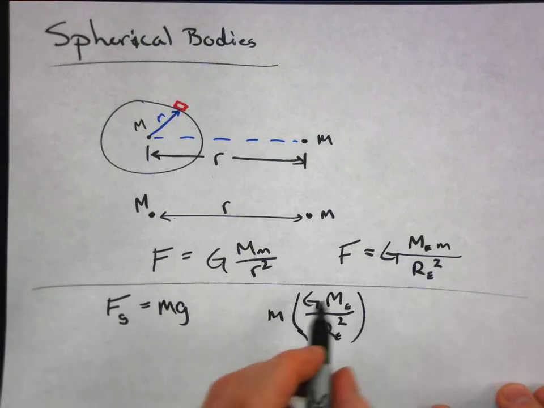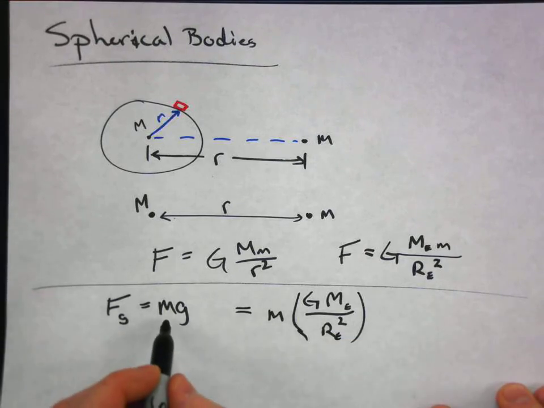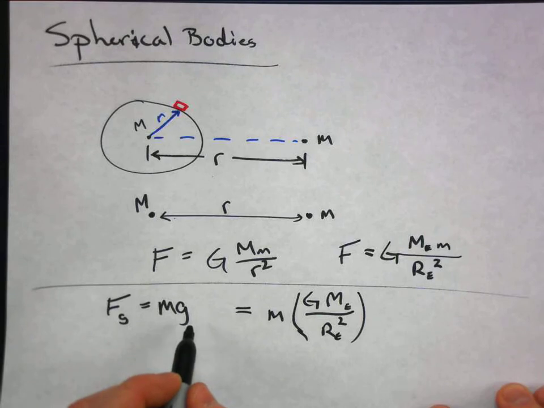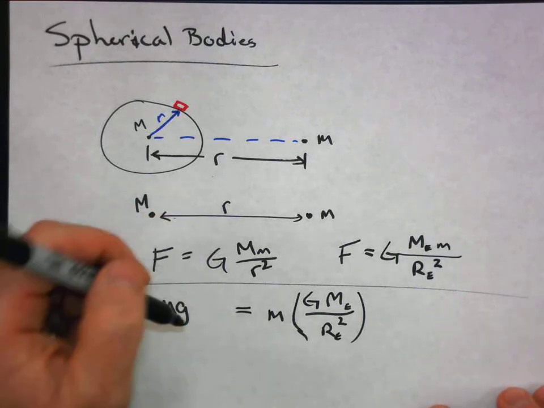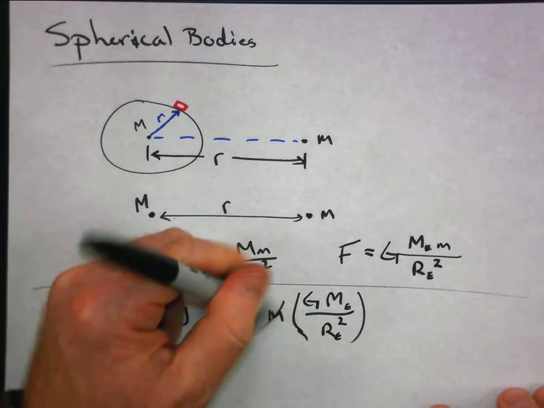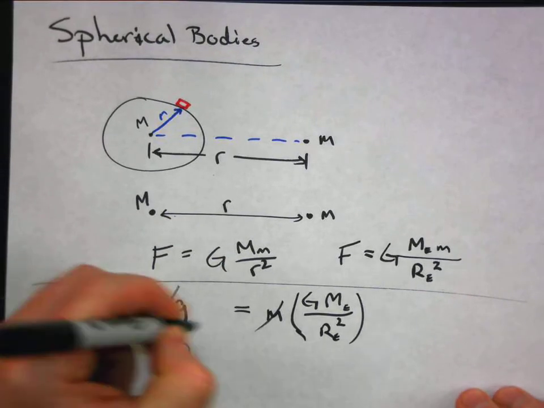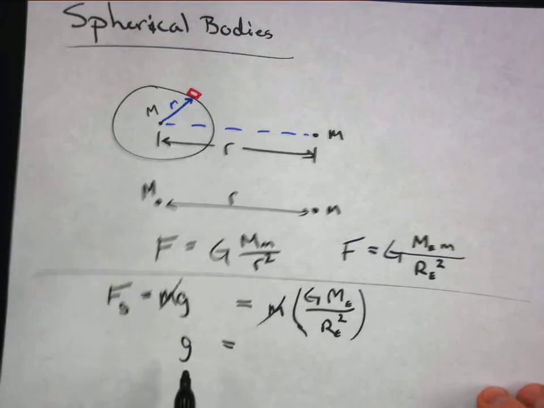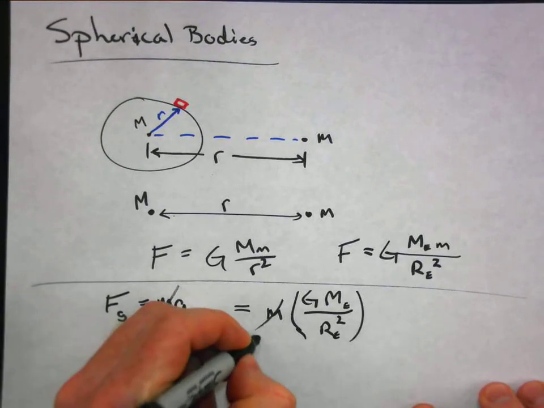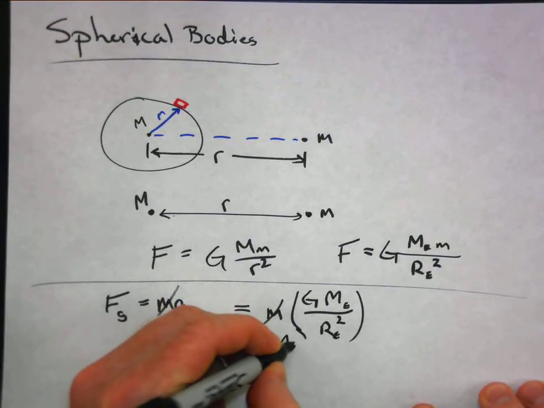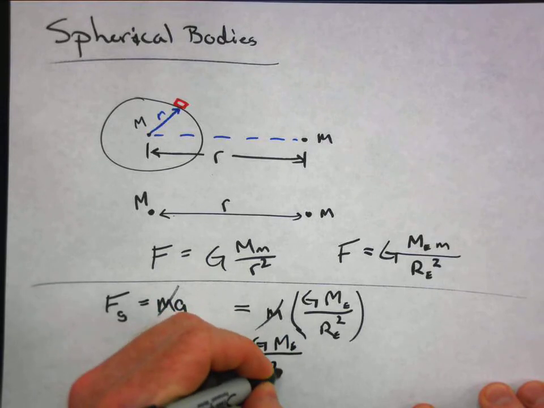And I'm going to equate that to g. And you can see pretty clearly that that little m cancels out, no big deal. And we're going to be able to see that the gravitational acceleration on our surface is equal to this gravitational constant, mass of Earth, divided by radius of Earth squared.